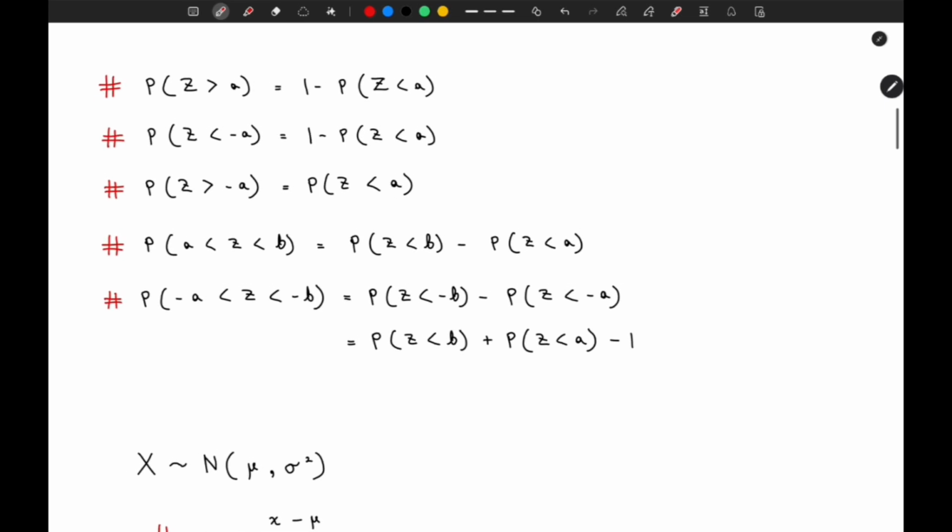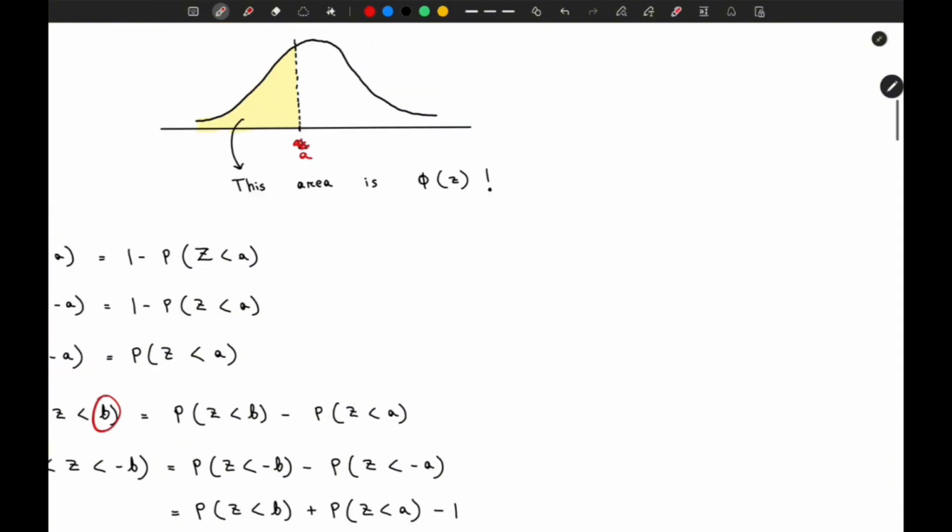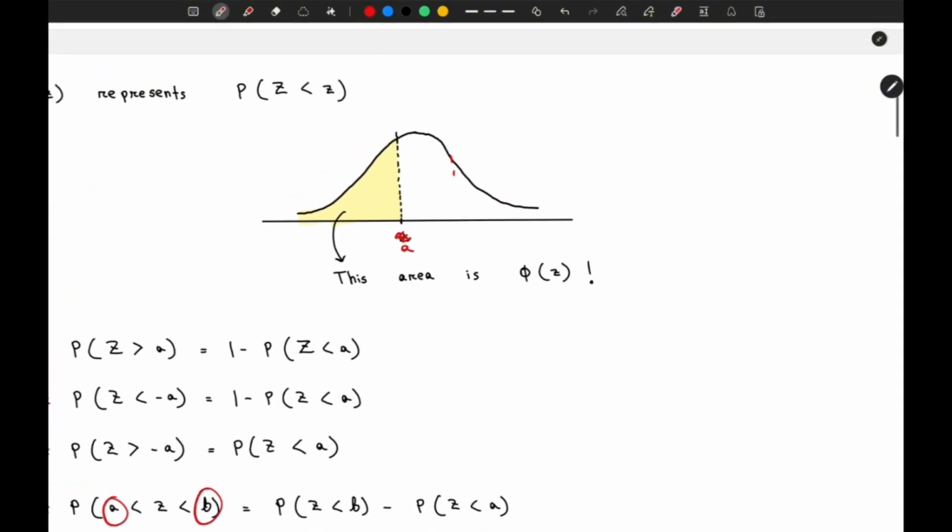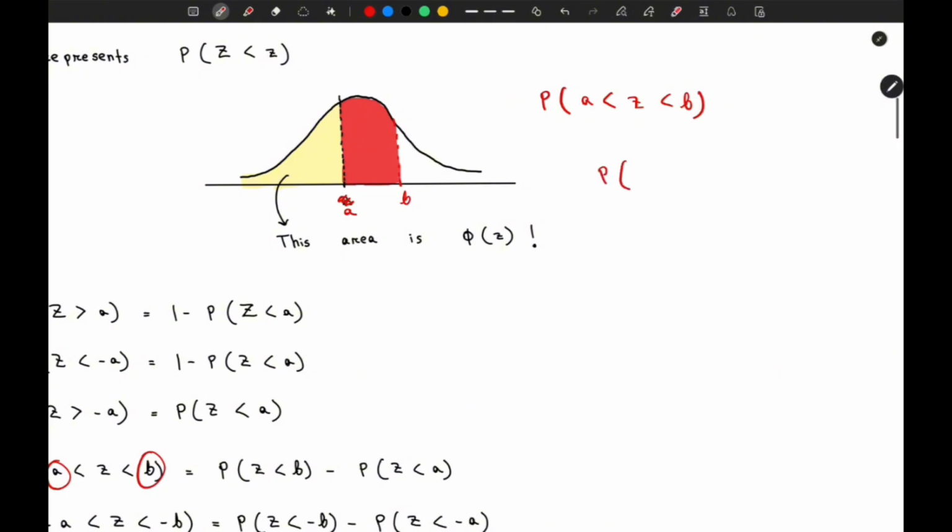And let's say we have a range which is z is greater than a but less than b. So let's say that this is a and this is b. If you want to find out probability of z is greater than a but less than b, they're talking about this region, right? So if you calculate probability of z is less than b, you'll get this whole area.